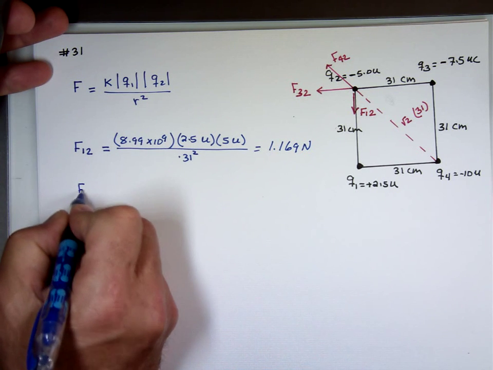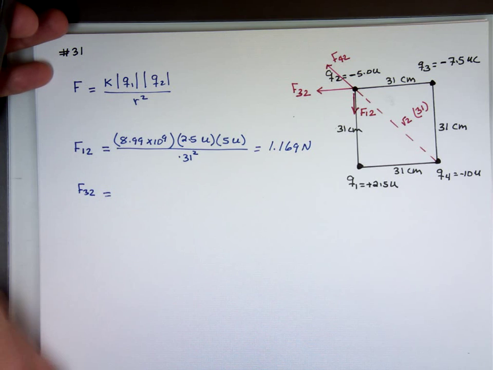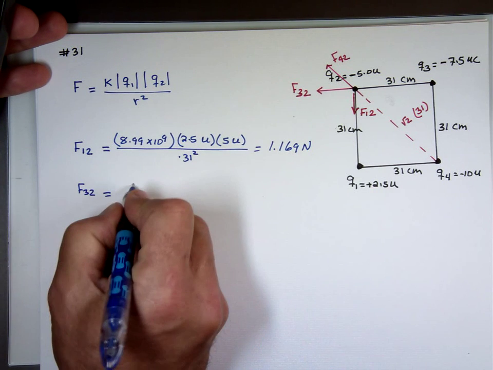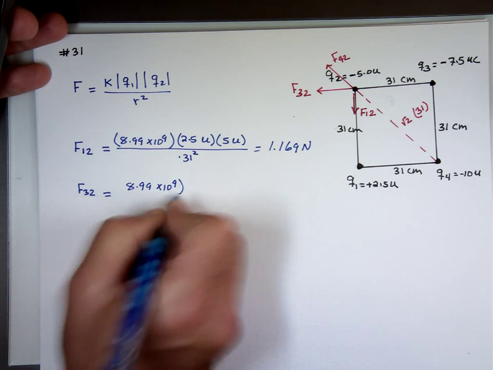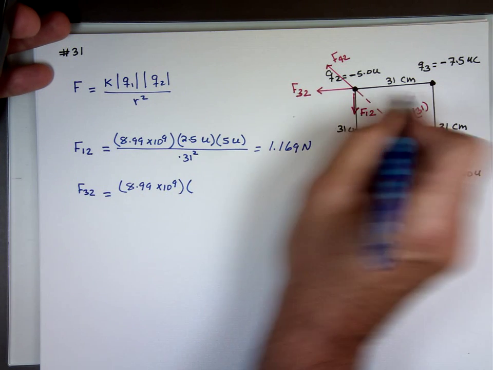F32 equals 8.99 times 10 to the 9th times this and that.